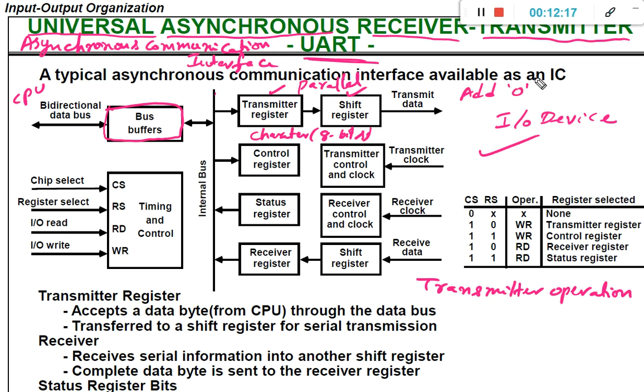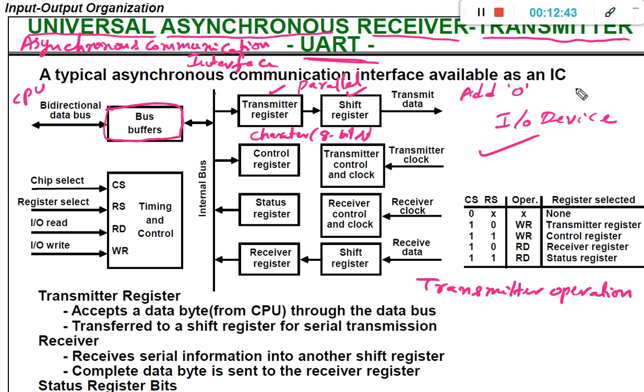as the start bit. Already we discussed how the data is transmitted serially, so we need to add a 0 as the start bit. The shift register adds a 0 as the start bit, then accumulates all the bits of the character, and finally appends sufficient stop bits.